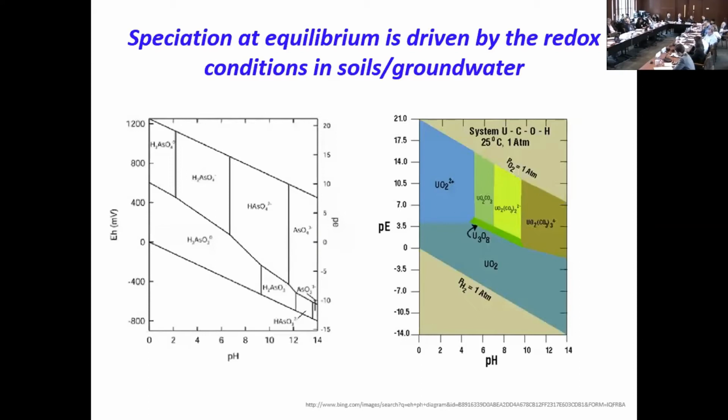So usually in the lab, when you want to extract uranium from soil, you use a carbonate solution to extract uranium. Now, when you go from oxidizing to reducing, you go from uranium 6 to uranium 4. Uranium 4 is insoluble and precipitates as uraninite.